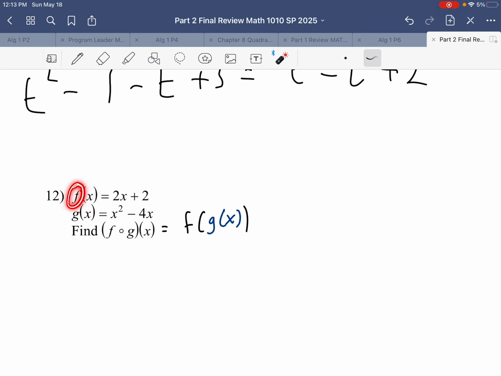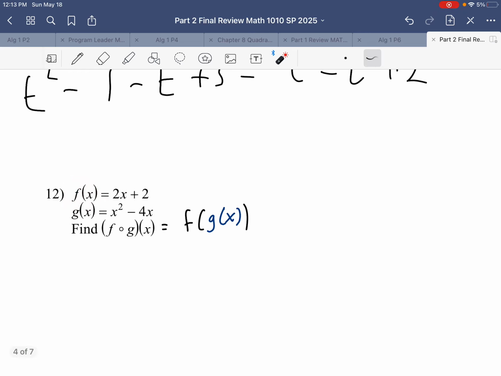The function whose name is f, when we have this input, it's going to multiply the input by 2 and then add 2 to that product. For g of x, it's taking your input, squaring it, and then subtracting 4 times the input. What we're going to end up doing is replacing x in my function. The input is going to be the function of g of x, the output.